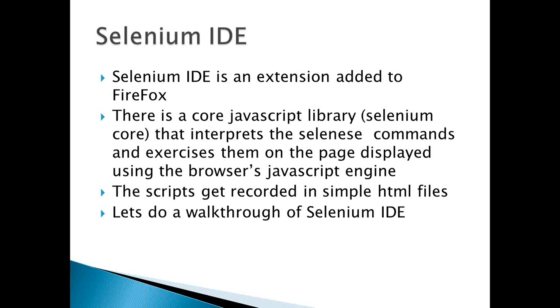What happens is that Selenium IDE helps you to record the scripts, and inside the browser there is a core JavaScript library called Selenium core that interprets these Selenium commands and exercises them on the page displayed using the browser's JavaScript engine. So you write scripts which get interpreted by the Selenium JavaScript library, and that then, by accessing the browser's JavaScript engine, does various things on the web pages.